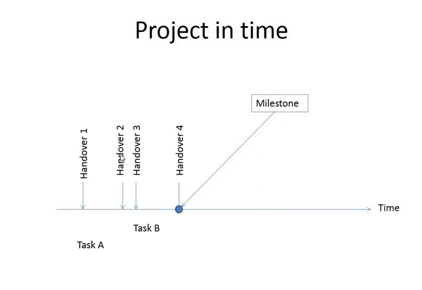So you have a task A, you have task B, there are handover points, which means that you switch between the tasks, and finally also the task D is going to be completed here, and this is a milestone. So as you can see, a milestone is something more important than just handing over one task to the another. Okay.